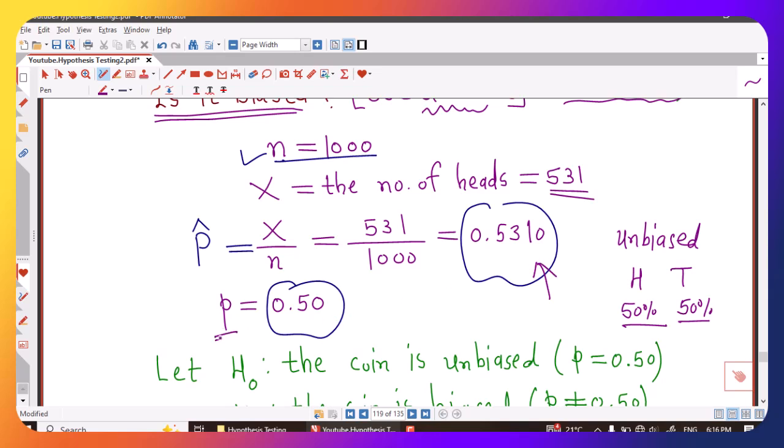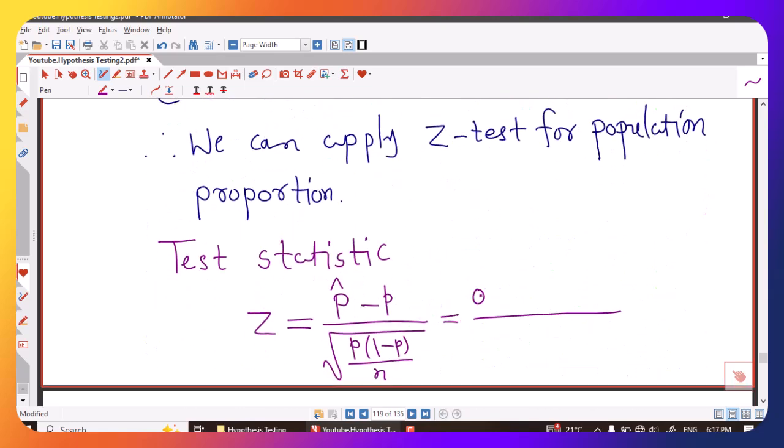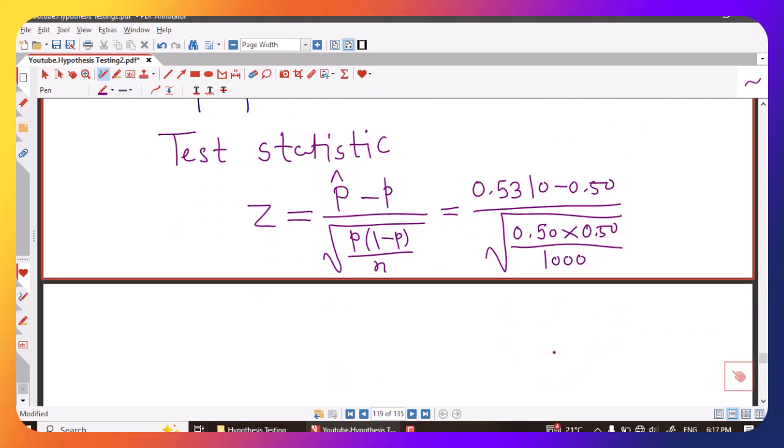If the null hypothesis is true, then the population proportion is 0.50, so we have 0.5310 minus 0.50, and here we have 0.50 times 1 minus 0.50, that is 0.50, and the number of tosses n is 1000.